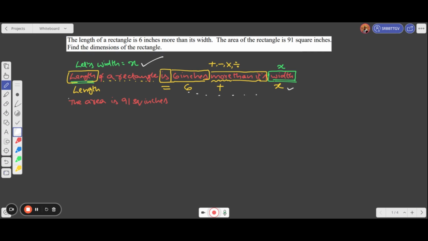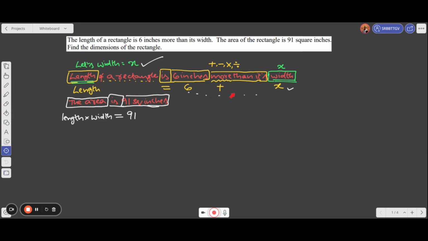The next part is the area is 91 square inches. Here we know that the area of a rectangle is length multiplied by width. So take equal to 91. We knew that length is 6 plus x, so let me copy here 6 plus x times width. You see that width is x.